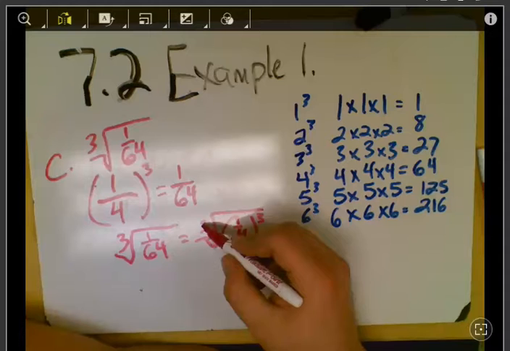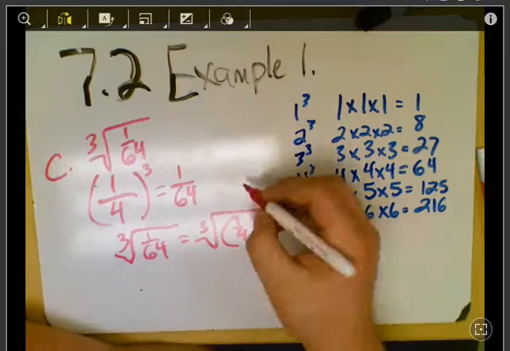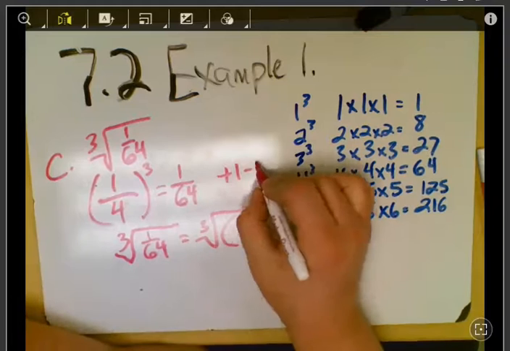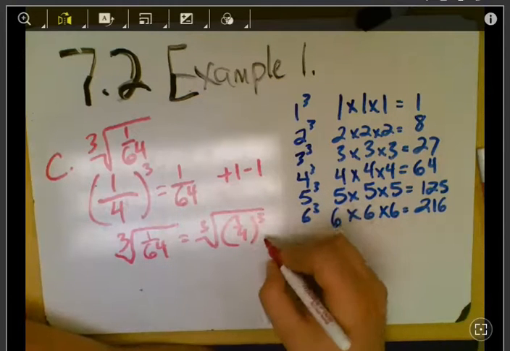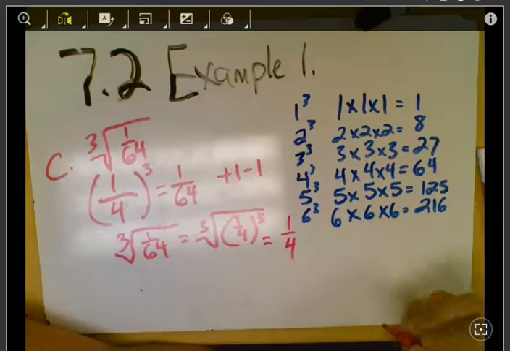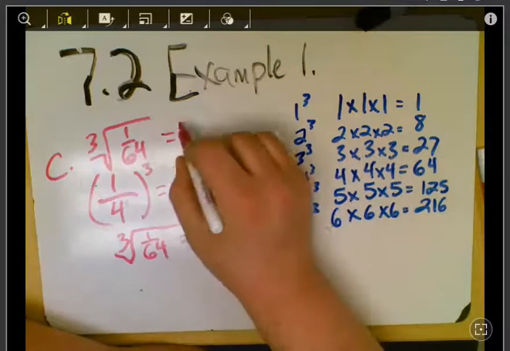And then this cube and the cube root undo each other. It's like when you have plus 1 minus 1, they undo each other. This cube root undoes the cubing, and that means our answer is 1/4. So the cube root of 1/64th is 1/4.